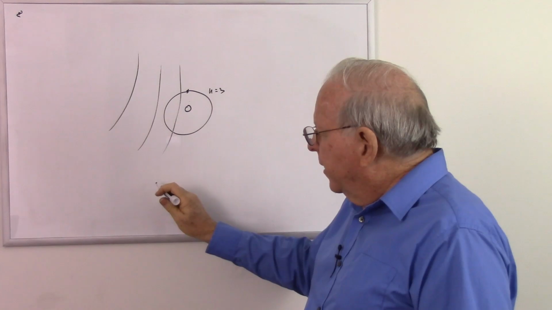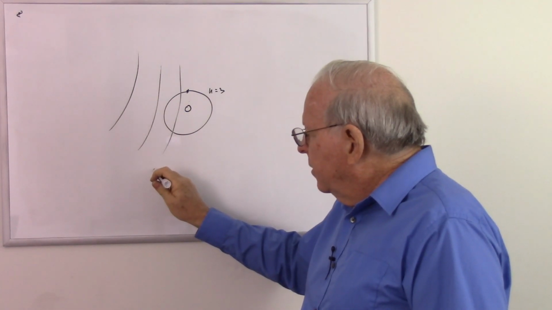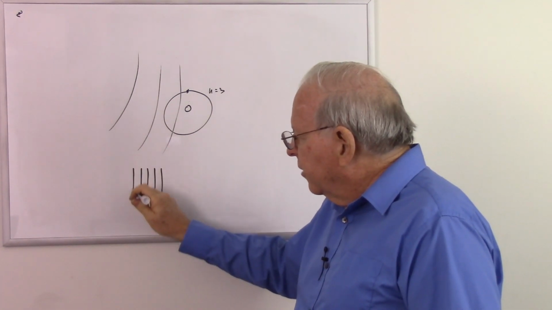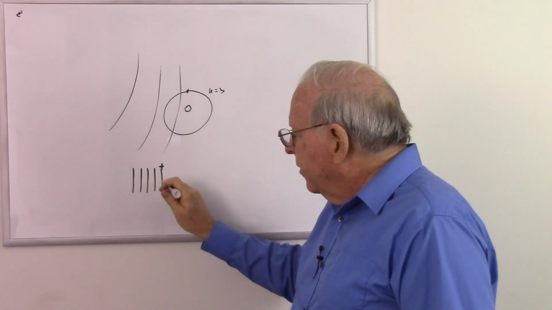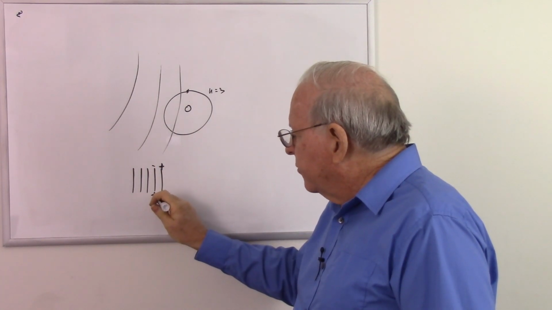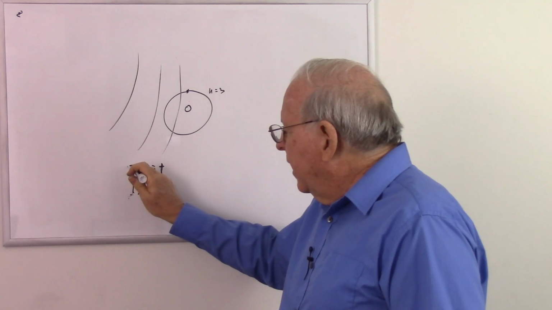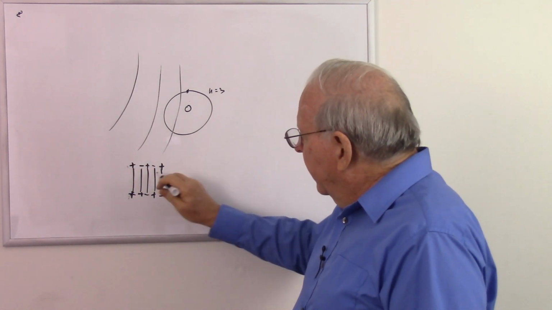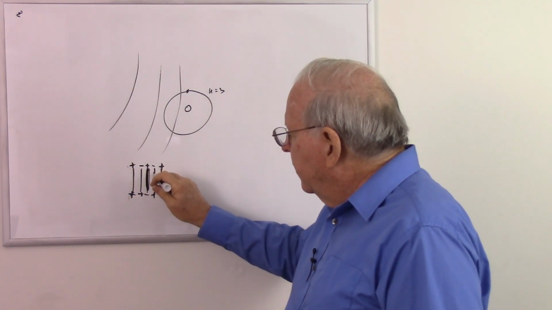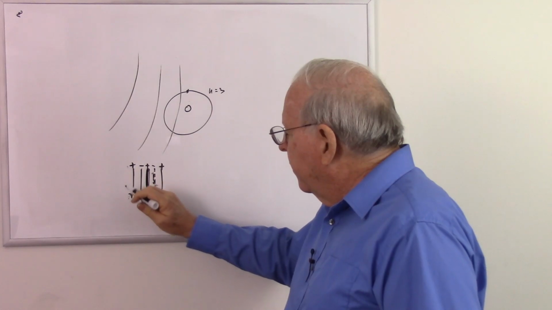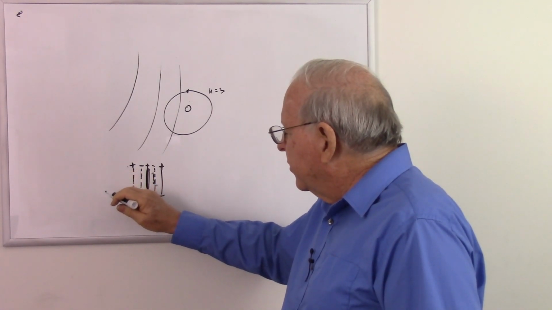Remember, our photon is several fields of electricity. Positive, negative, negative, positive, positive, negative, negative, positive, etc. And this is going to be the strongest one. This one's a little weaker. And this is the weakest, and there might be more.